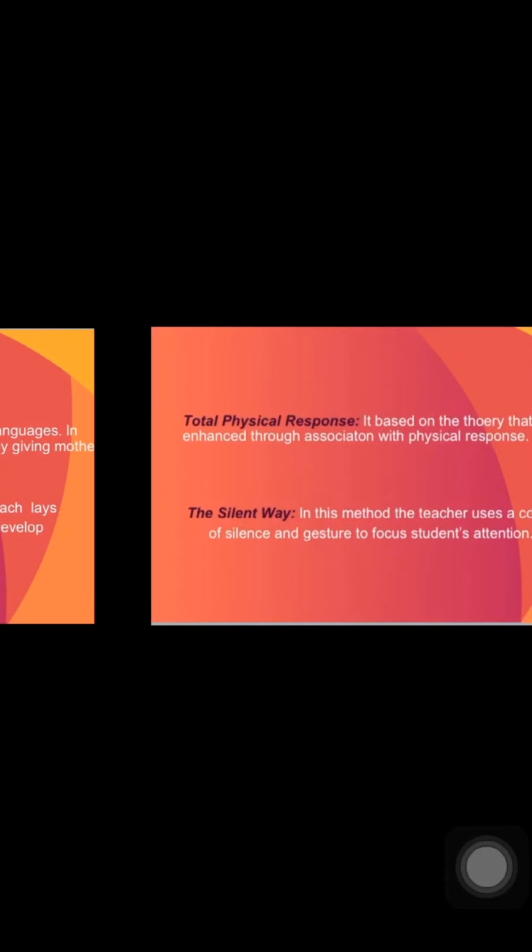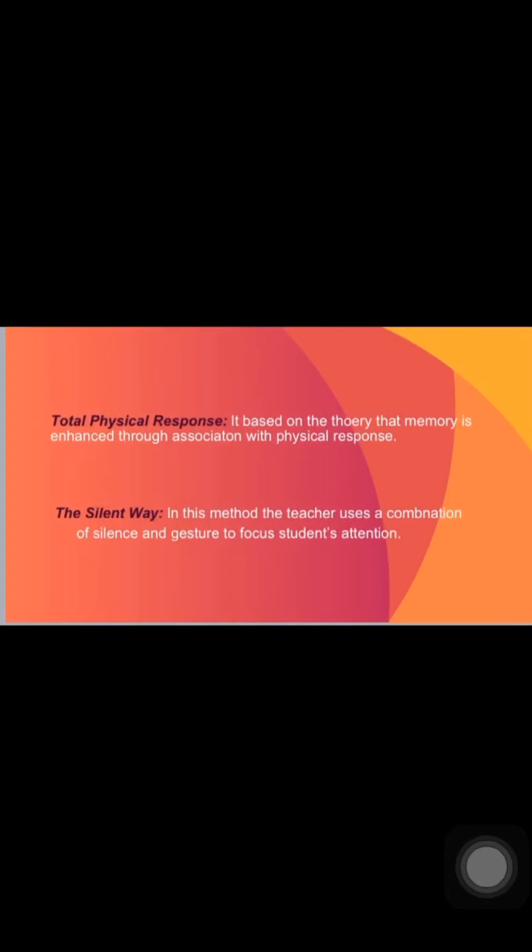Next is total physical response. It is based on the theory that memory is enhanced through association with physical response. In this method, it attempts to teach language through physical activity and also to teach communication to students.